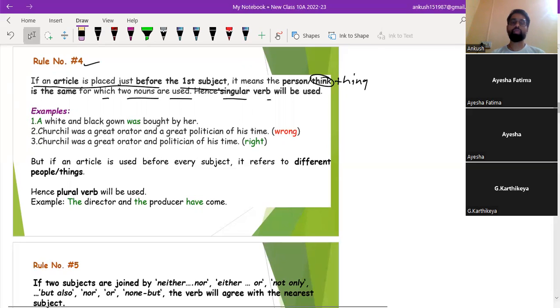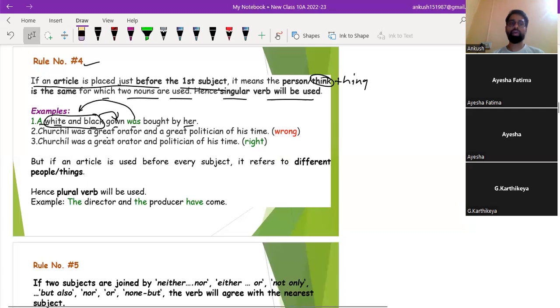Hence, a singular verb will be used. Let us take an example of this. A white and black gown was bought by her. A white and black gown means this white and black is referring to the singular noun gown. That is why the singular verb will be used for this subject.